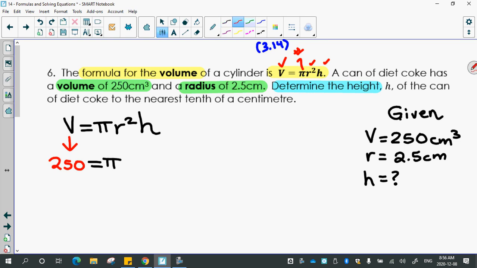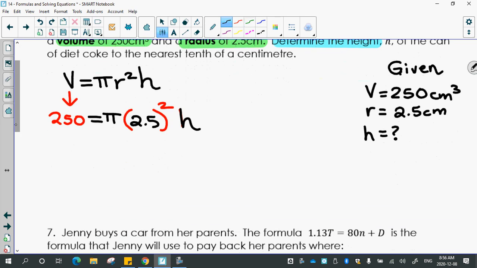R, I'm going to use brackets to replace with 2.5, bracket, and then squared, and then H. Okay. So what we can do is simplify this side a bit before we start to solve.